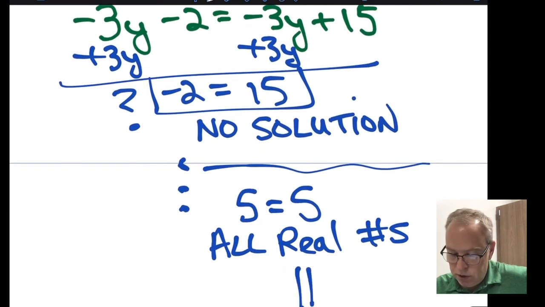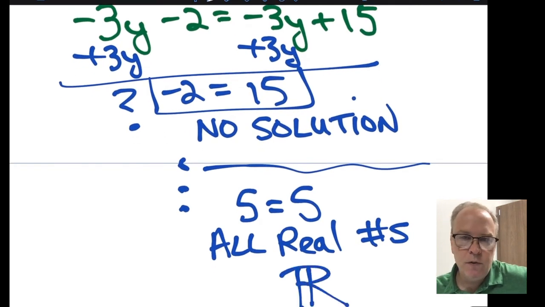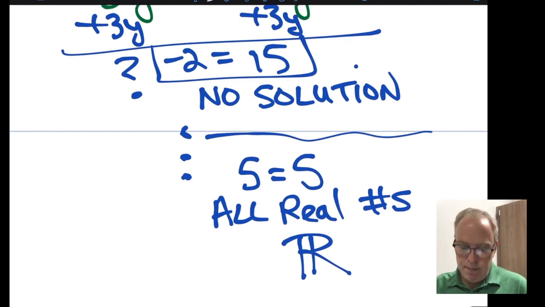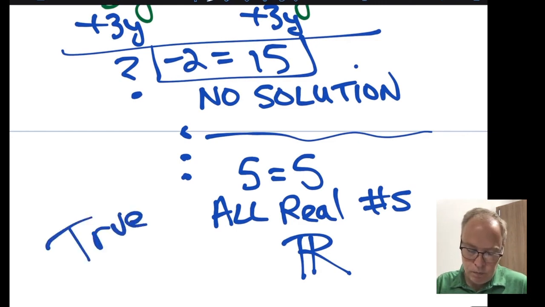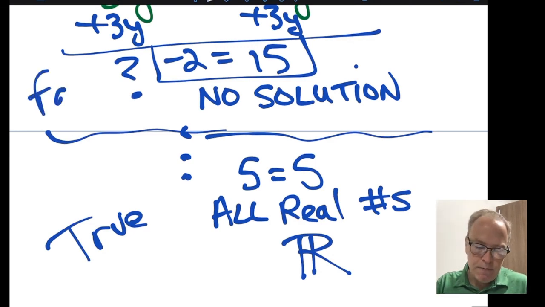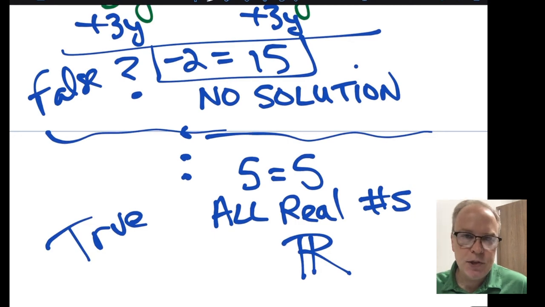Or sometimes we use this R that looks like this. You do 2 vertical lines and then an R. So if it comes out to be a true statement, the answer is going to be all real numbers. If it comes out to be a false statement after all the variables disappear, then you've got a no solution situation.